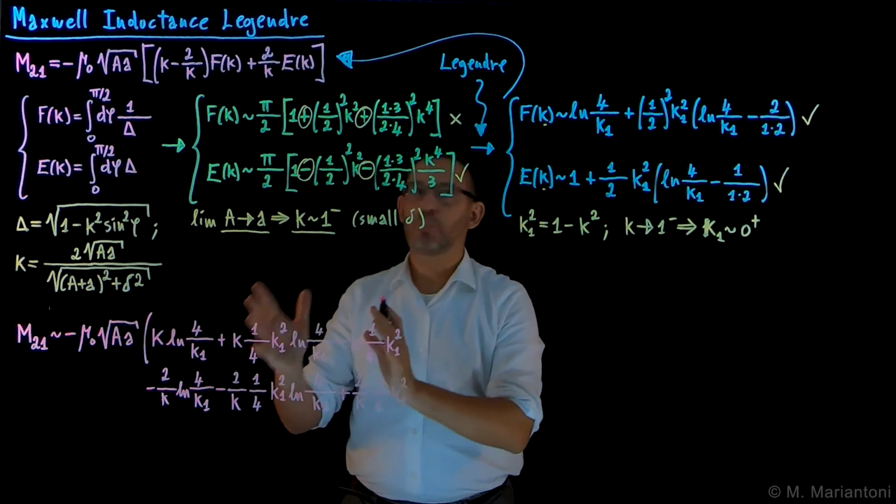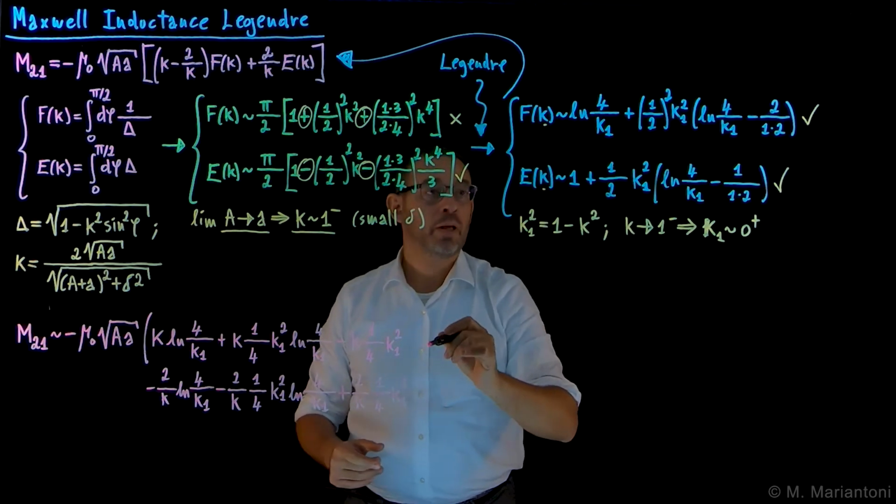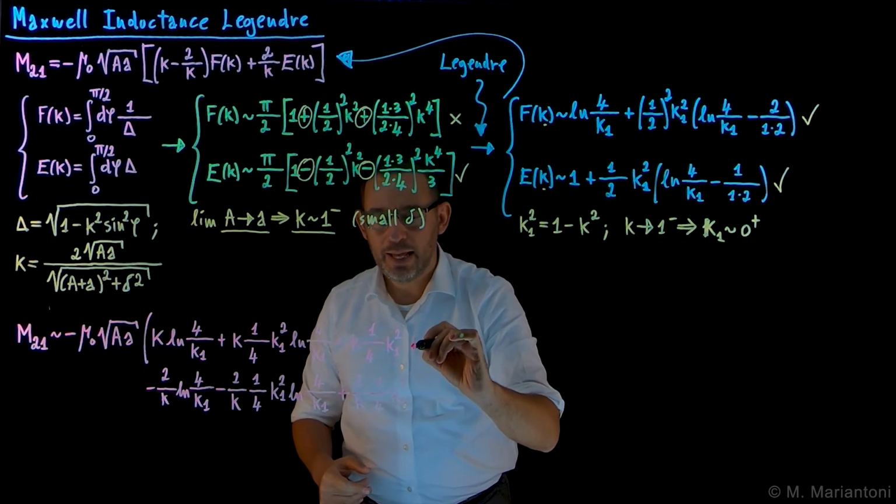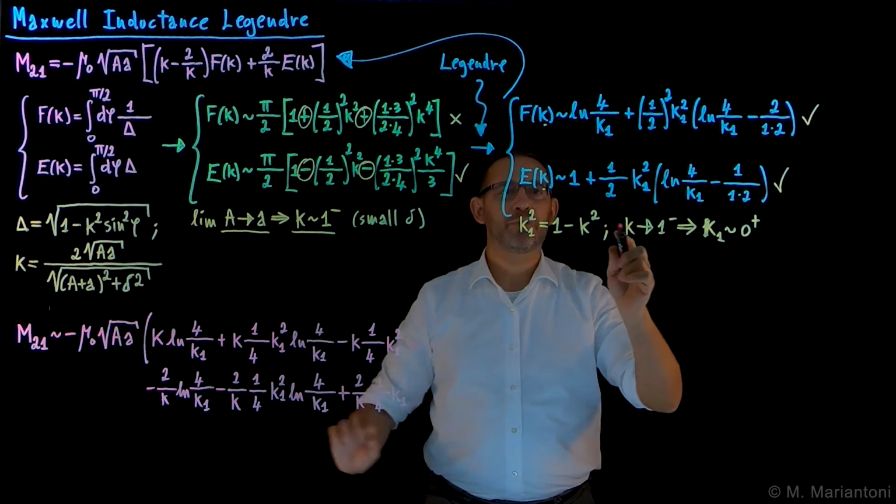The next term, let me add it up here. So I wanted to put these back to back because they are both coming from F. And the one coming from E, let me add it up here for space reasons.